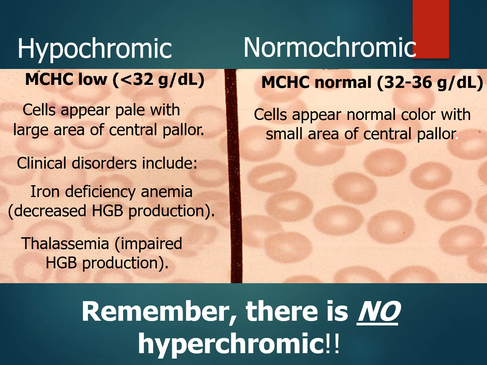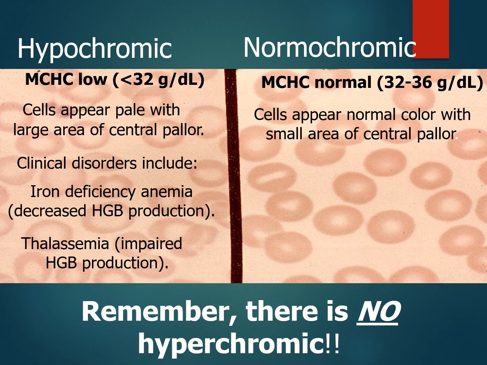I know I did mention this in earlier lectures, but we can classify anemias with two red blood cell indices, our MCV, which is size, and our MCHC, which is color. So MCV represents the size of the cells, and MCHC represents the color.